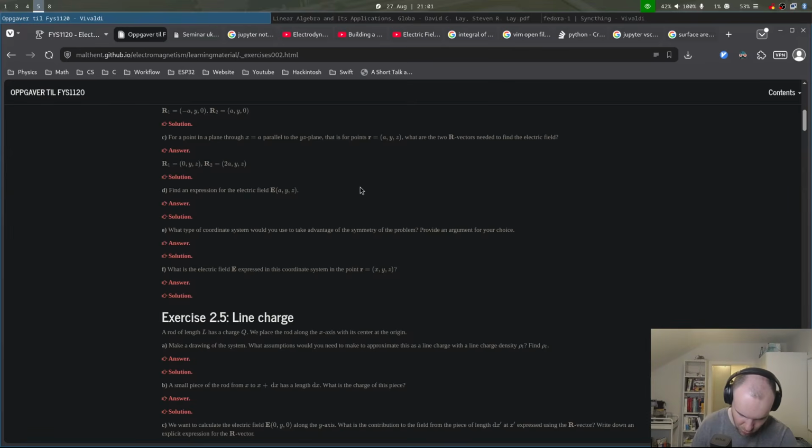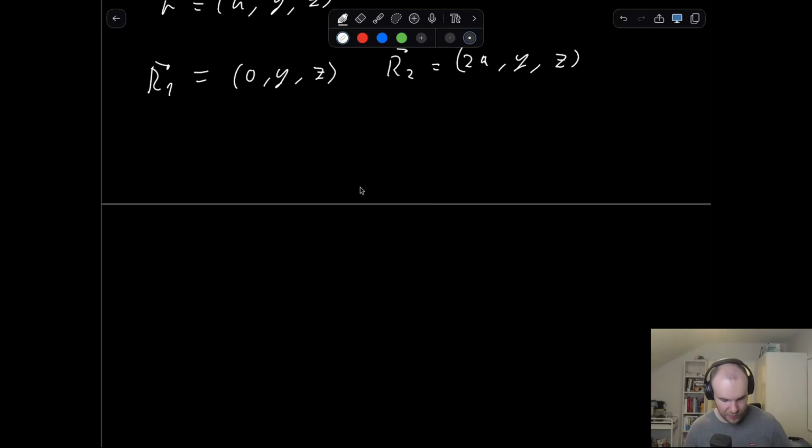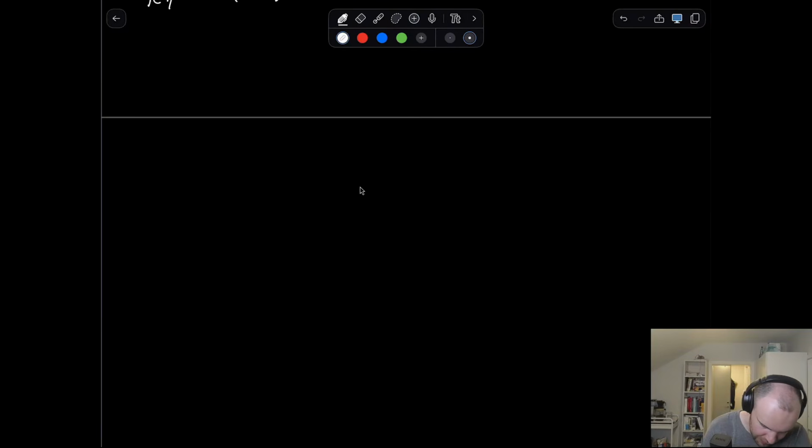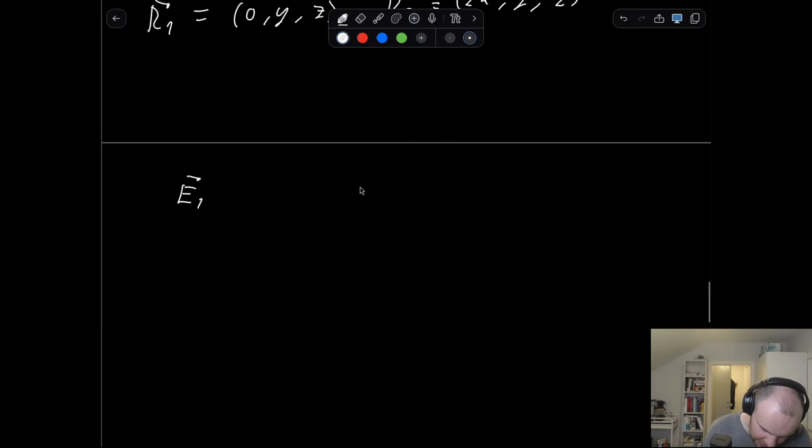So we just have 2 point charges. That means we can just sum them up, right? First, by the superposition principle, we can do them individually. So E1 of r is equal to the charge we had at the first, a positive q, divided by 4 pi epsilon 0, then r1 divided by r1 cubed.